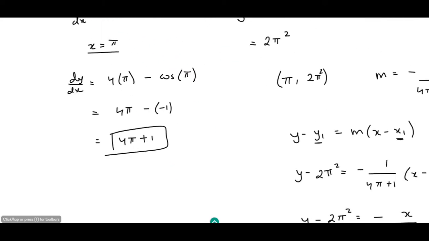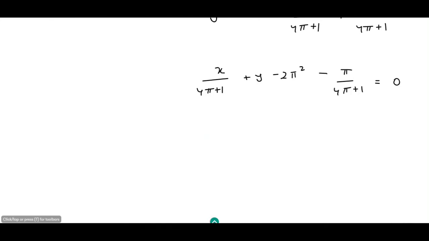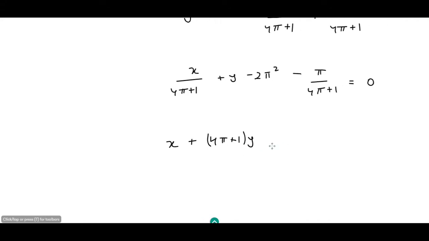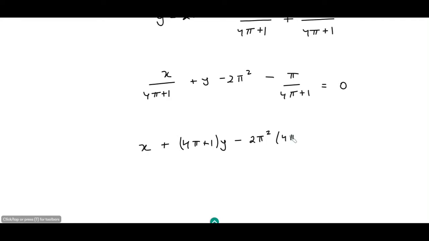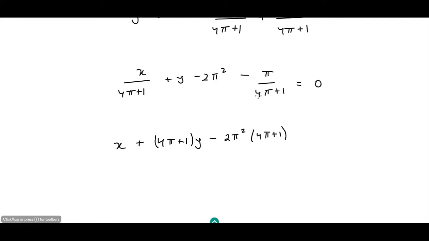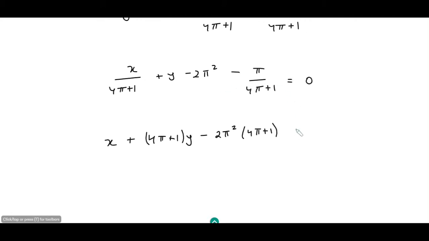Okay, so let's do that. I have x plus (4π plus 1) times y minus 2π squared times (4π plus 1). And then this is already being divided by 4π plus 1, so if I multiply it by 4π plus 1, this will cancel and all I'll have is minus π.